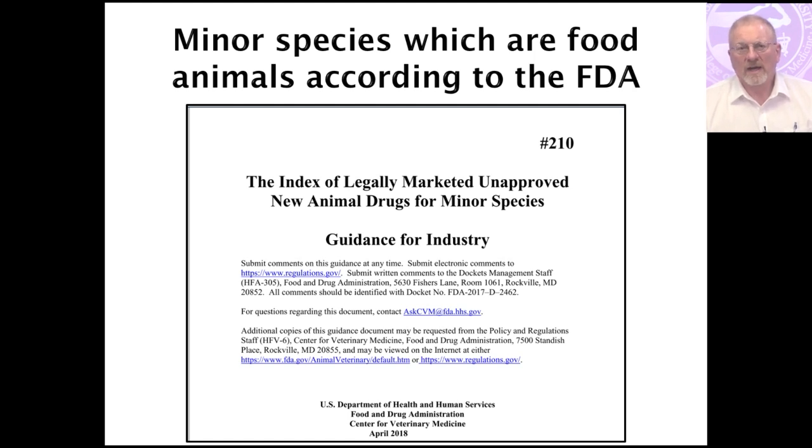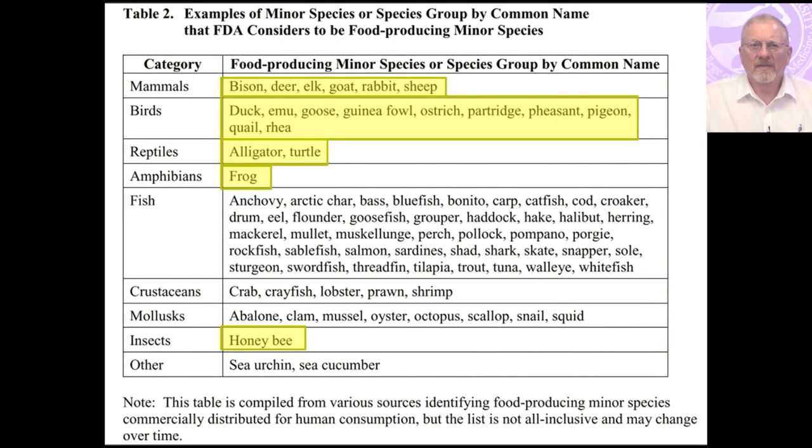We'll go through why. But I just wanted to cover for a minute all the animals that are considered food animal species. This is a guidance document from the FDA. In that, they go through all the ones that they consider food animal species that are minor species, and that includes bison, deer, elk. Of course, goats and sheep are minor species. You're all well aware of that.